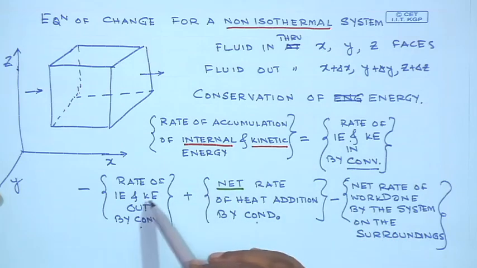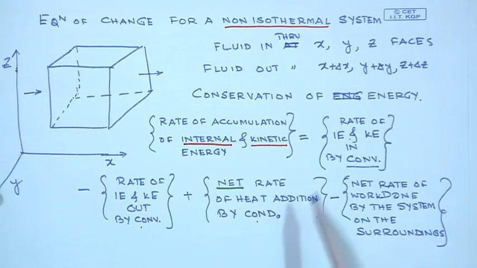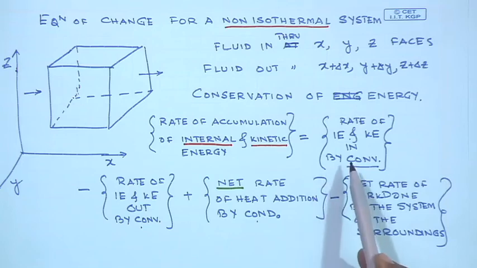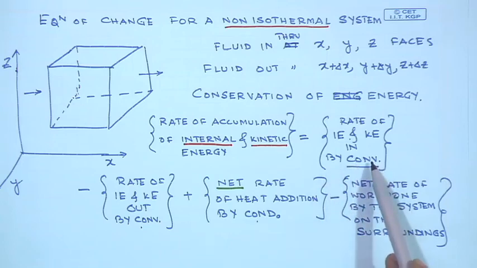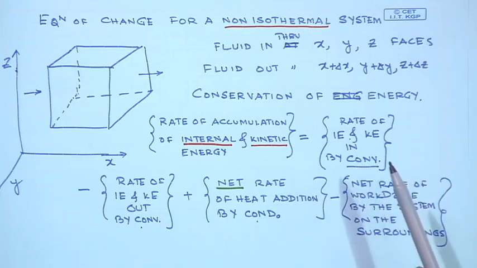So, these terms together are essentially the net rate of internal and kinetic energy which is added to the control volume, and the mechanisms by which this net addition takes place is a combination of both convection and conduction. So, depending on the situation at hand, I can have both present or I can have just one present in the system.